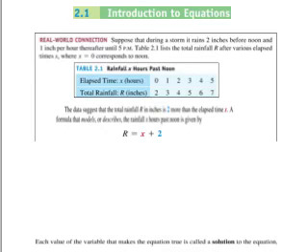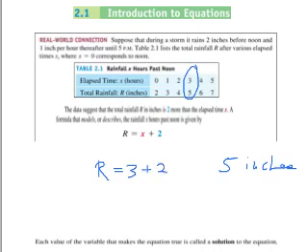So now the next question is, what is it at 3 hours past noon, or 3 p.m.? We can look at our table and we'll see that 3 hours past noon, it's 5 inches. But we can also figure that out from our formula. So R equals, our X is 3, plus 2. 3 plus 2 is 5. R equals 5.